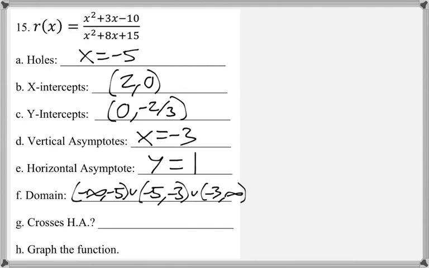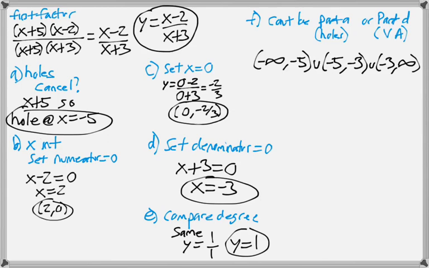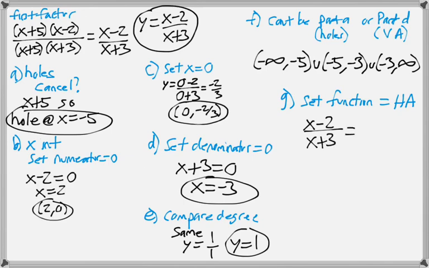And then does our graph cross the horizontal asymptote? So for part G, you can call these the alphabet problems because you're doing like half of the alphabet here. For part G, you want to set the function equal to the horizontal asymptote. So that's going to be x minus 2 over x plus 3, and I'm setting that equal to the horizontal asymptote, which is 1.